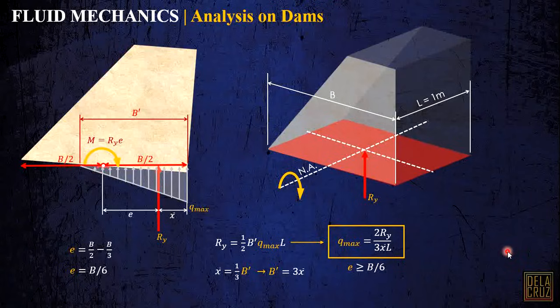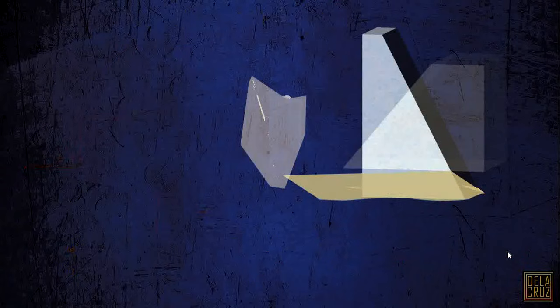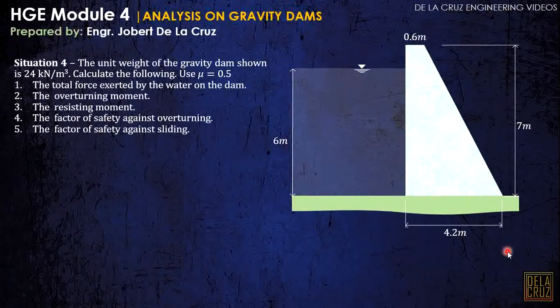Okay, so let's try another example. Okay, this one. So, situation 2. The unit weight of the gravity dam shown is 24 kilonewtons per cubic meters. Okay, so calculate the following problems. So we have the mu, 0.5. Okay, so total force exerted by the water on the dam.